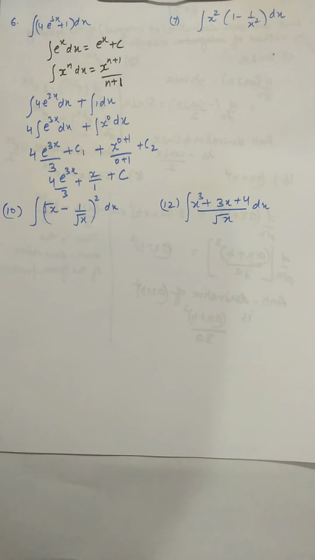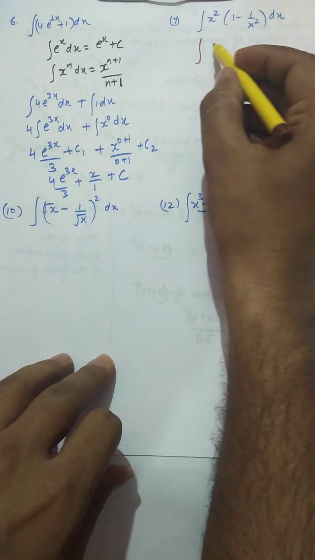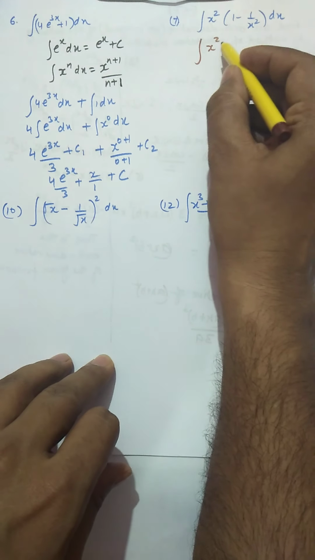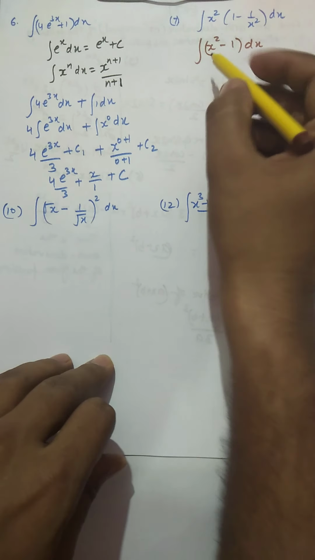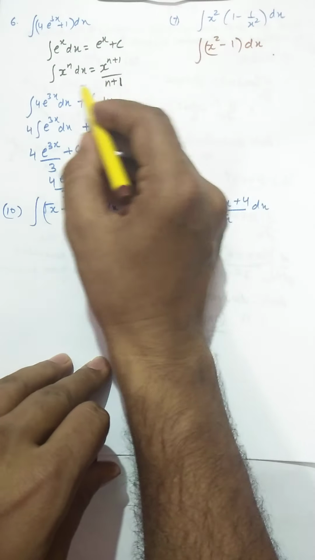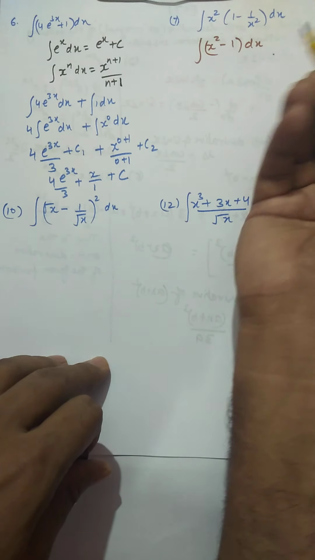Now let's discuss question number 7. This is the integral of x square (1 minus 1 upon x square) dx. So first you open this bracket, this is x square minus 1, and this is your dx. So now directly apply this, rather than writing this in two parts of integration, we can do it in just once.